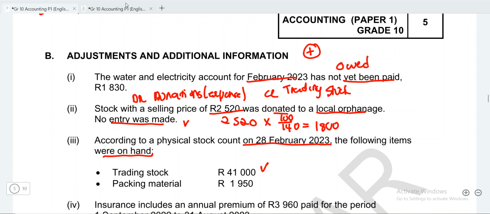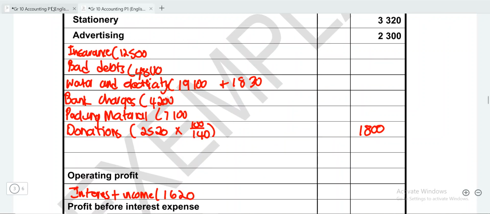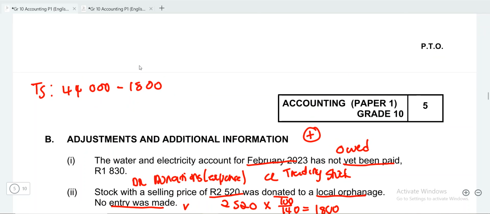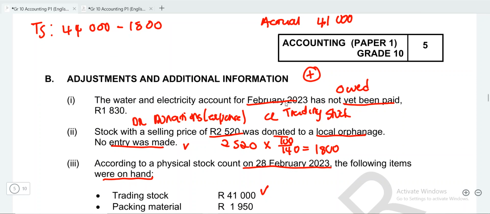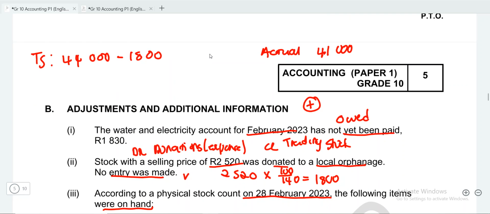So when we compare our records to this, we should get the same amount here. So let's check before we do anything. Remember, the adjustments are according to the actual stock that is available. The actual stock is 41,000. Okay, so we need to compare between our expected and actual. So remember here, this is the one that is actually available.